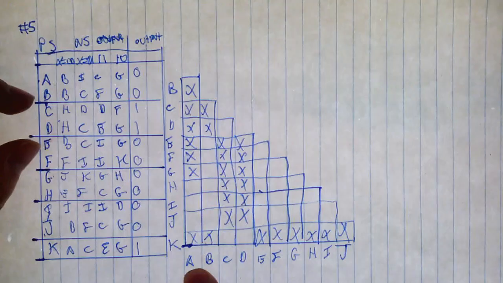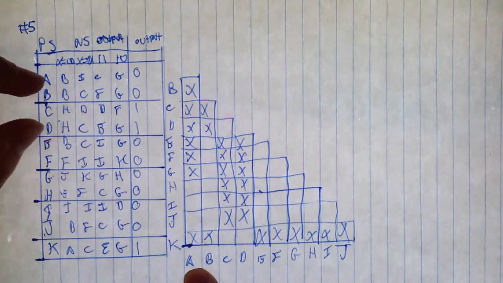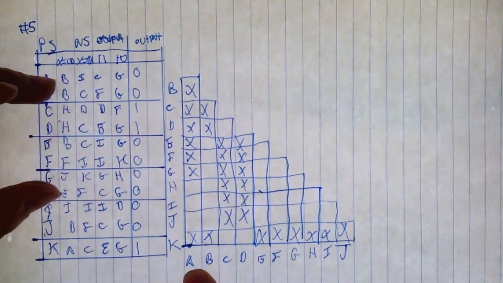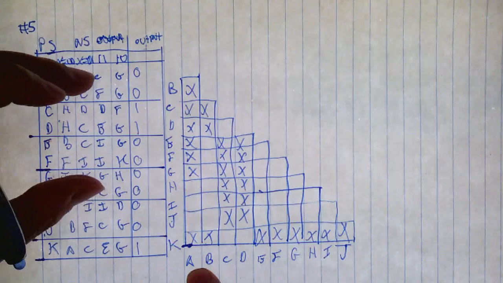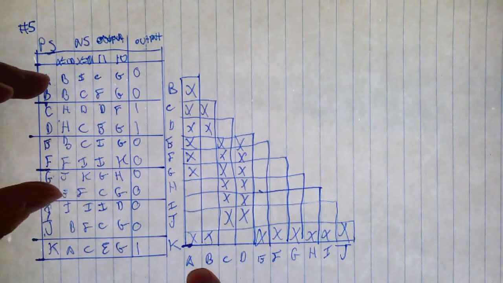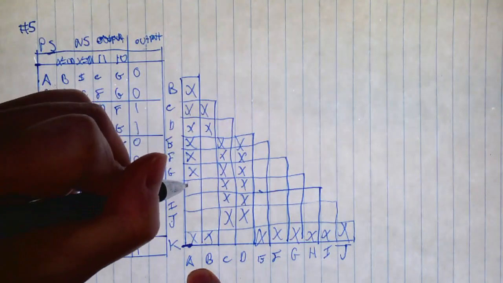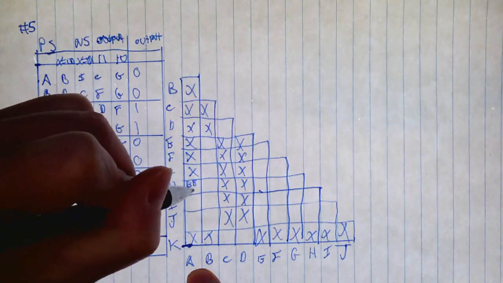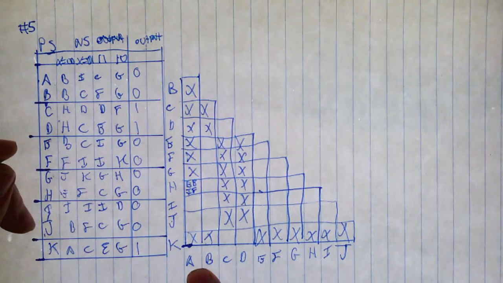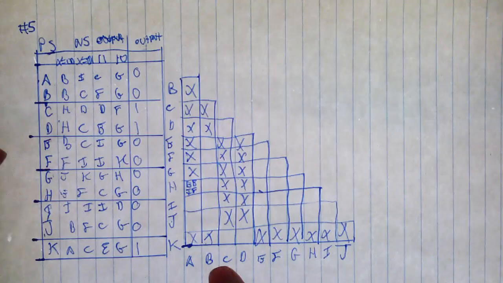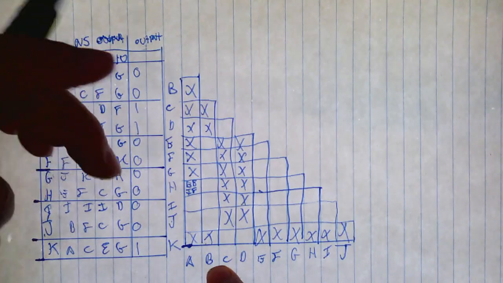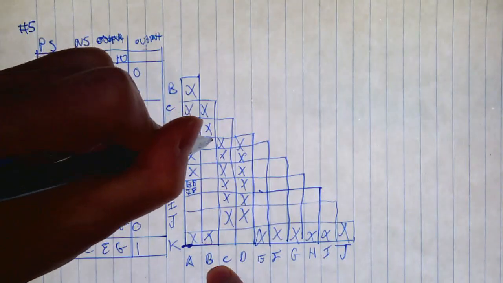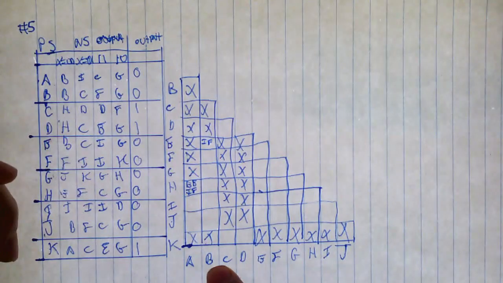A equals H. A equals H if B equals E, and if I equals F, and if C equals C. So I need I to equal F and B to equal E. Let's take a look at B and E. B equals E if B equals B and C equals C, and I equals F. So again, I equals F. Now, let's take a look at IF.